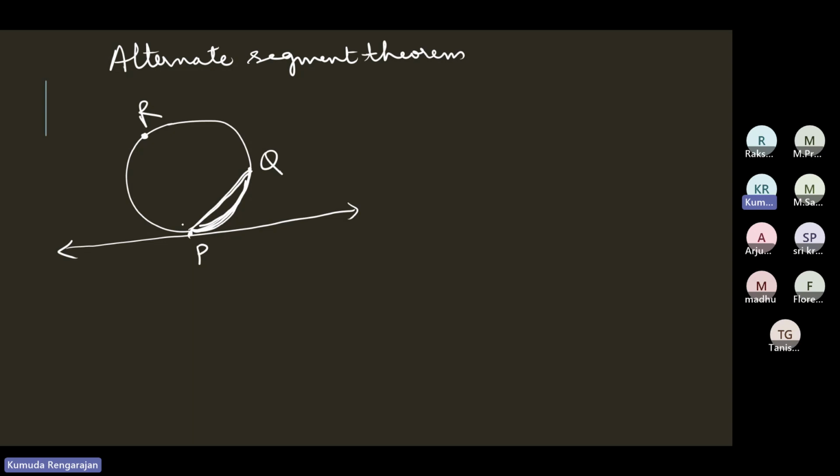Now, this is the angle subtended by the chord PQ at the point R. For that, we'll have to join PR and QR.